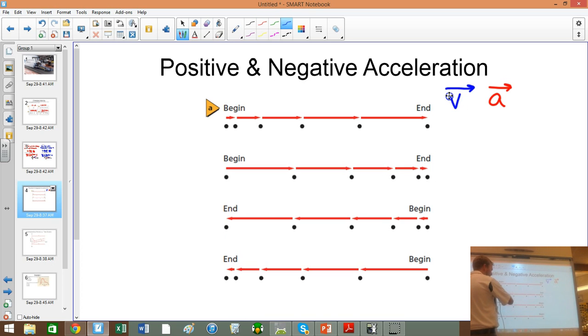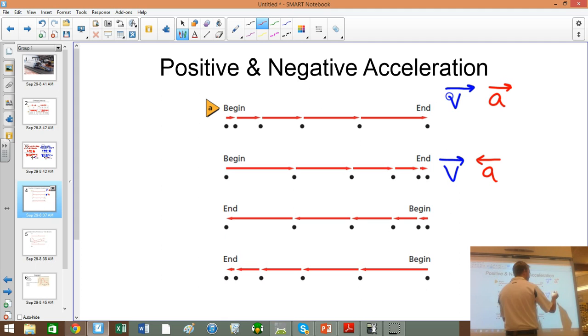This next one, you start on the left, you end on the right here. You're still traveling in this direction, but when you slow down, that means your acceleration is in this direction. You're going this way but accelerating that way. That's deceleration. In this one here, you're traveling to the left, so your velocity is to the left, and you're also getting faster.